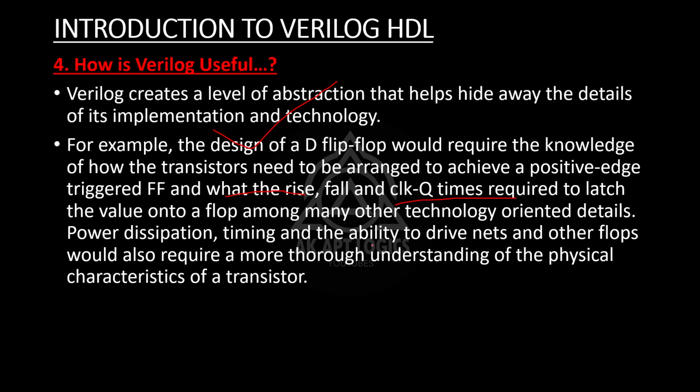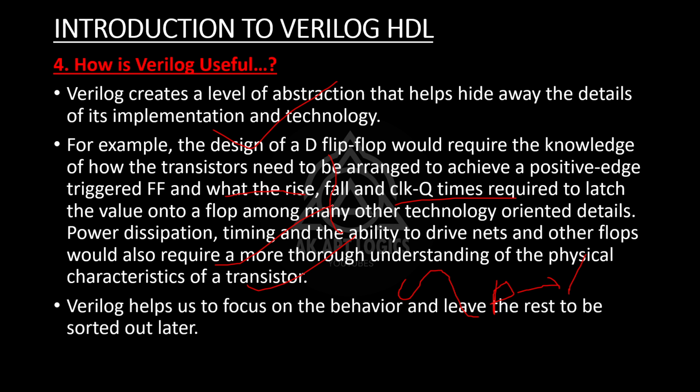Power dissipation, timing, and the ability to drive nets and other flops would also require a more thorough understanding of the physical characteristics of a transistor. We don't need all this. We just need: when the clock is high and D is equal to 1, the output will be 1. If we know this, we are able to code. We don't need any transistor-level details in Verilog.